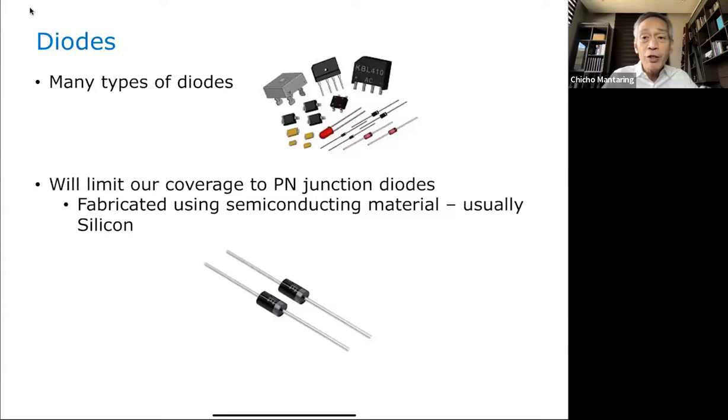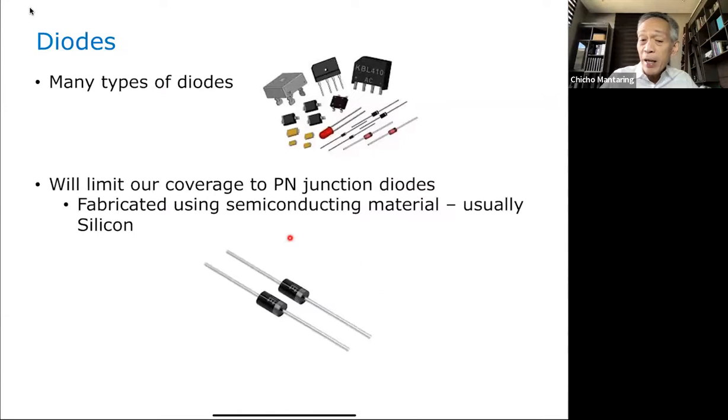You have your insulator, you have your conductor, and you have your semiconductor. So diodes are fabricated using semiconductor material, and usually they are made from silicon. Silicon comprises maybe 99.9% of all semiconductor devices right now.